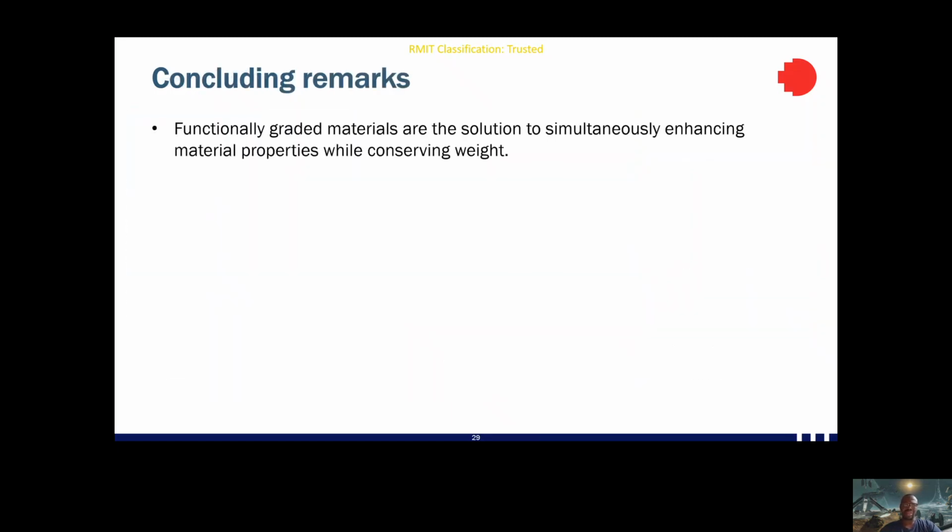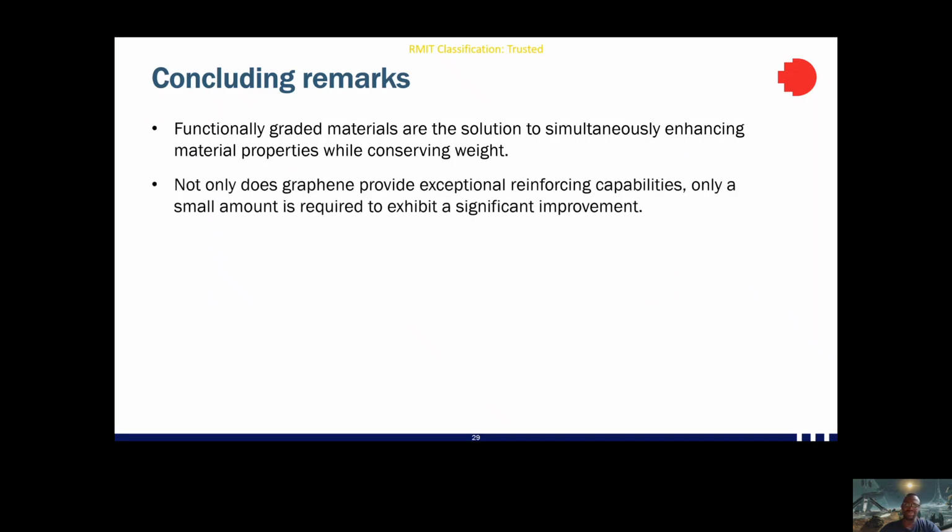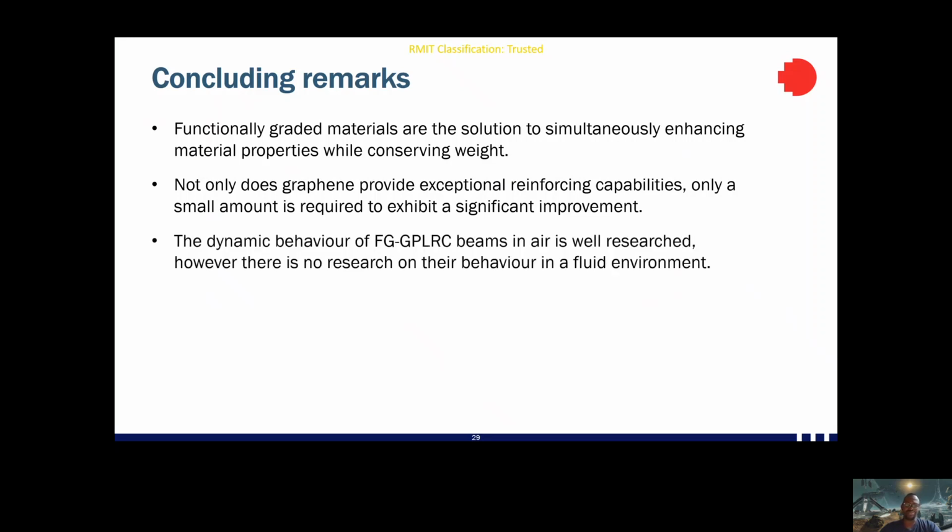In terms of concluding remarks, functionally graded materials are the solution to enhancing material properties while conserving weight. And not only does graphene provide exceptional reinforcing capabilities, but also only a small amount is required to exhibit significant improvement. Also, the dynamic behavior of functionally graded graphene reinforced beams in air is well researched.